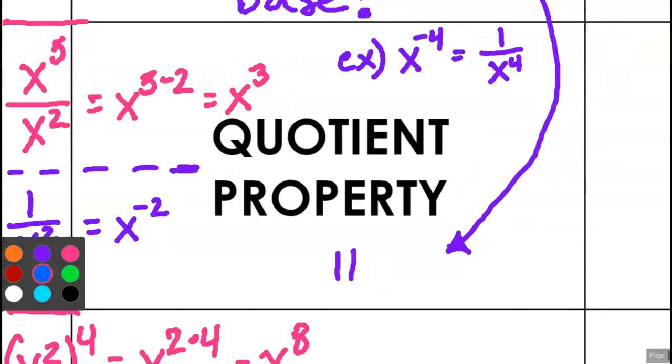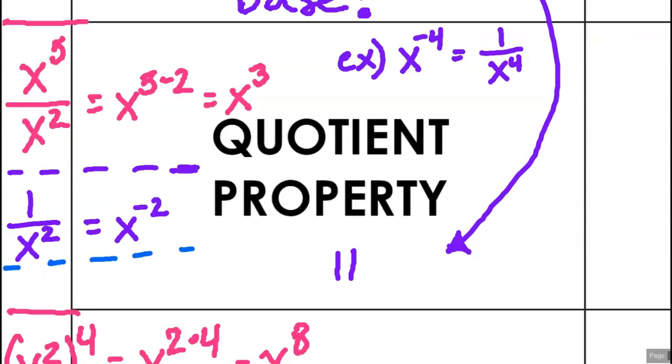Also, there's a third one that I need to cover. Does anyone know how you would rewrite x to the power of 1/3? What is that the same as? What does the denominator actually mean in the exponent? No, not quite.